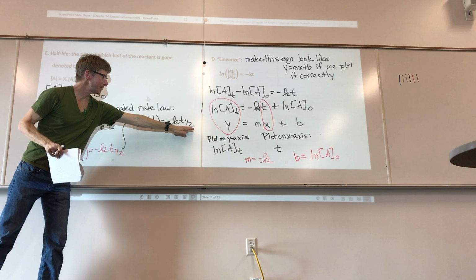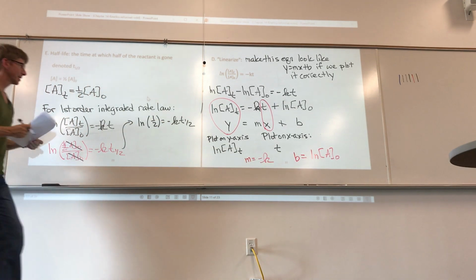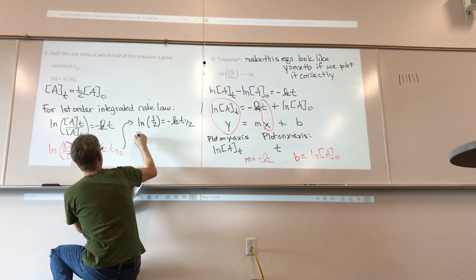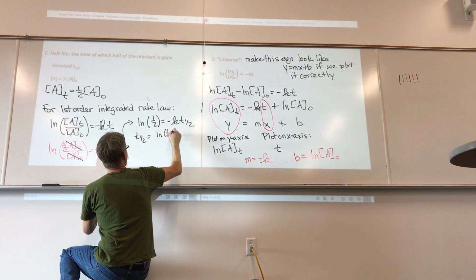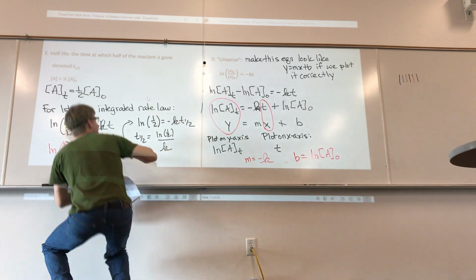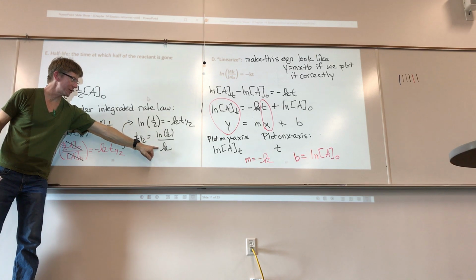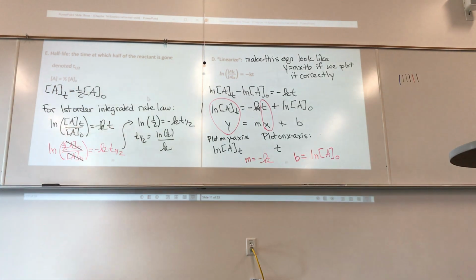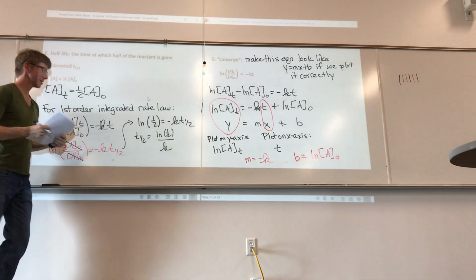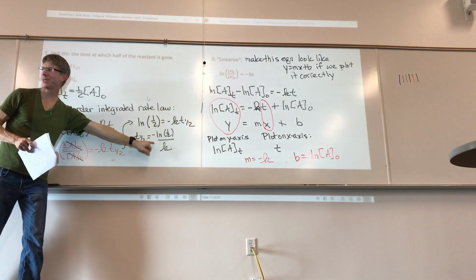And then I just want, oh, yes. T to the half, the half-life, is the natural logarithm of 1/2 over k. Now the natural logarithm, draw my minus sign there, please keep that minus sign.